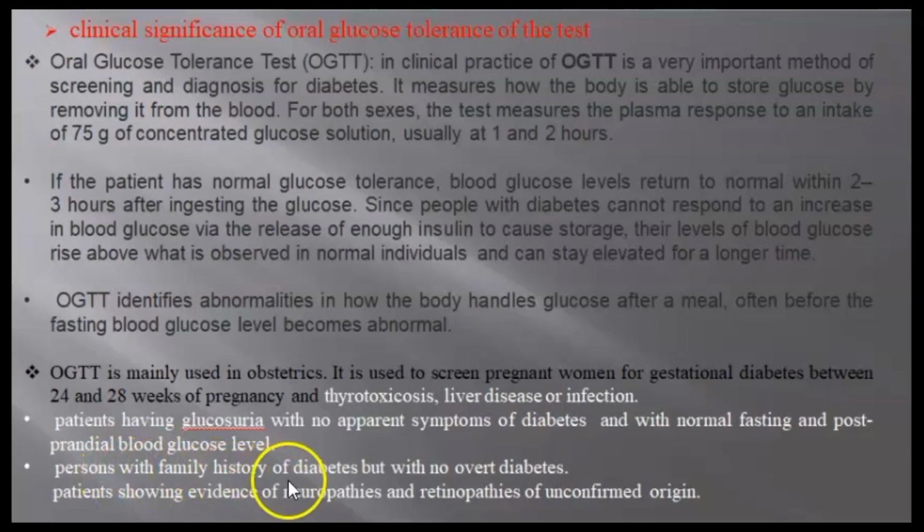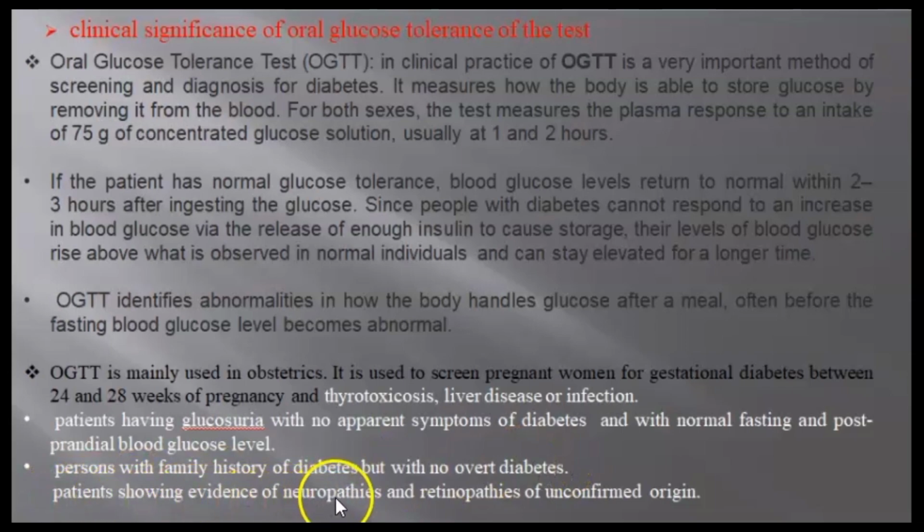Or a person with family history of diabetes but no advanced diabetes. The family history means they are exposed to diabetes, but there are no signs or symptoms of diabetes in the patient yet. This oral glucose tolerance test can also be conducted to check if there will be further cases of diabetes in a particular individual.